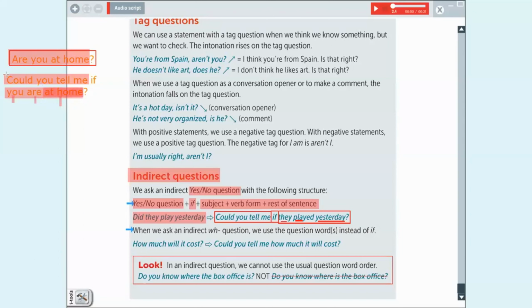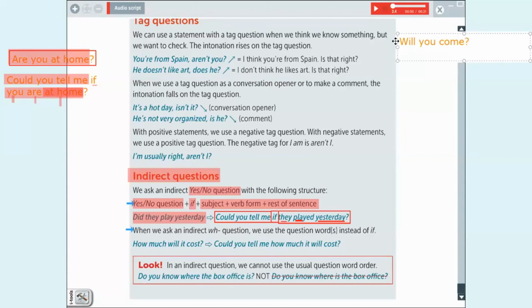In the beginning, you have the indirect question: Could you tell me? And then you join with if. Okay. I was thinking that the structure is in past, but no, it is in present too. Yes, exactly. You just need to recognize if the sentence is in the past, in the future, etc. For example, if we have this one, will you come?